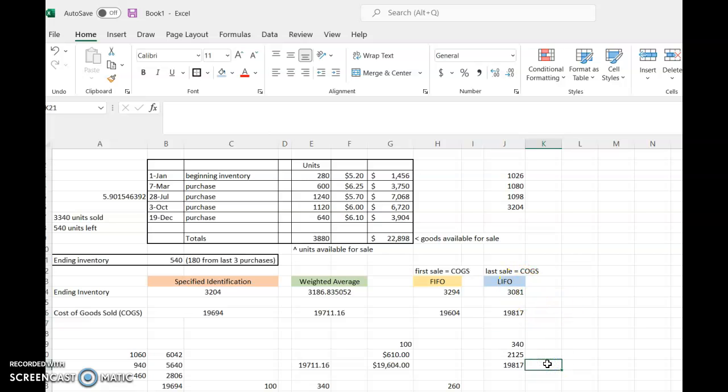And then for our ending inventory, we're going to take that same 340 number. I just want to make sure. Okay.